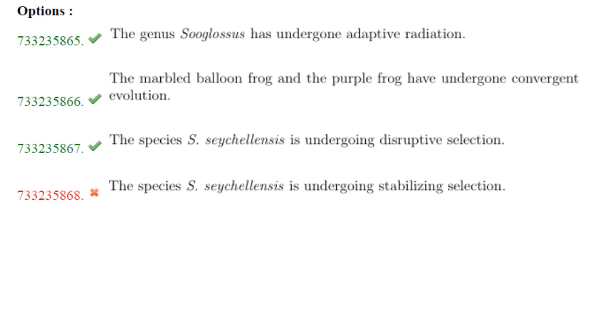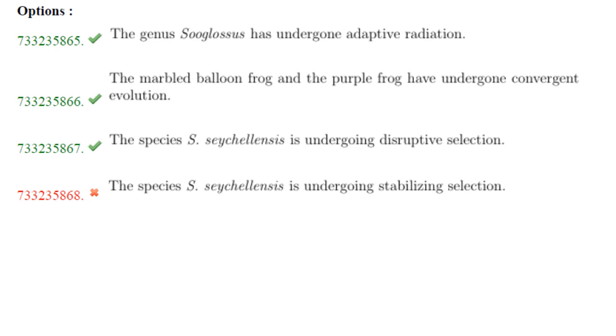The marble balloon frog and the purple frog have undergone convergent evolution. Now, what is convergent evolution? It is the independent development of similar traits or features in unrelated or distantly related species or lineages that typically occupy similar environmental or ecological niches.